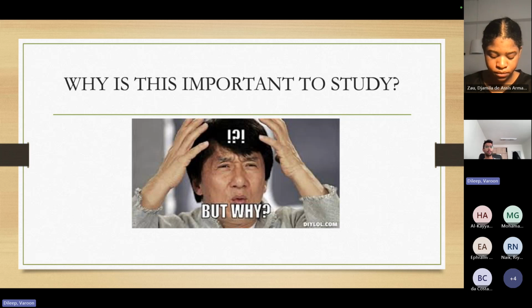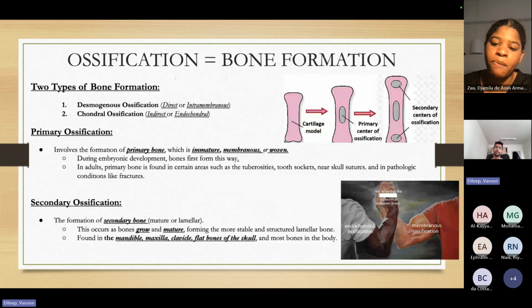The clinical relevance of this topic is that bones are involved in various clinical procedures such as fractures, orthopedic surgeries, as well as bone grafting. So when we understand bone histology, this will help us in effective treatment and management of these conditions as well. So let's start. Ossification.